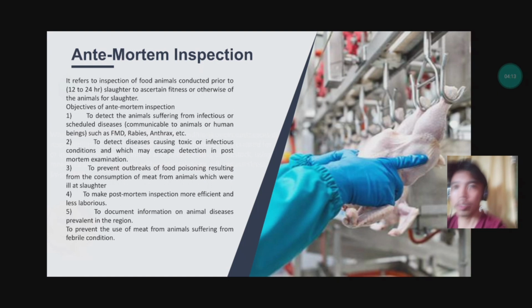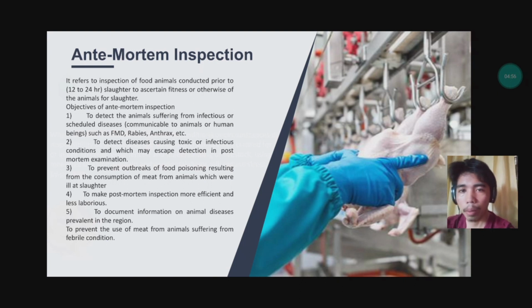The objectives of antemortem inspection are to detect animals suffering from infectious or scheduled diseases, and to detect diseases causing toxic or infectious conditions which may escape detection in post-mortem examinations, to prevent outbreaks of food poisoning resulting from the consumption of meat from animals which were ill at slaughter, to make post-mortem inspection more efficient and less laborious, and lastly to document information on animal diseases prevalent in the region, and to prevent the use of meat from animals suffering from febrile conditions.